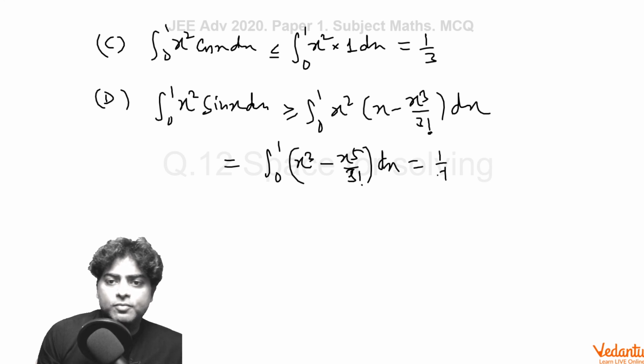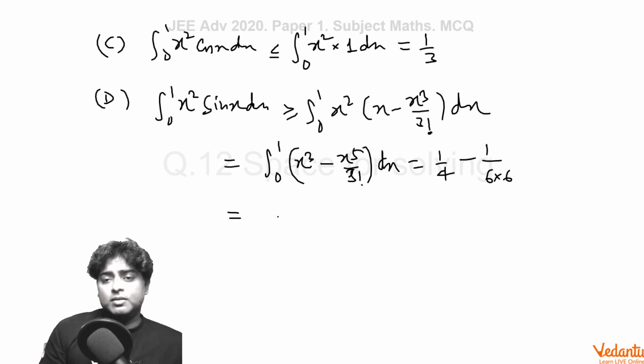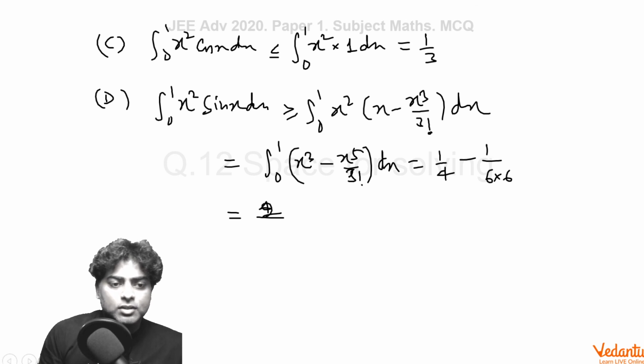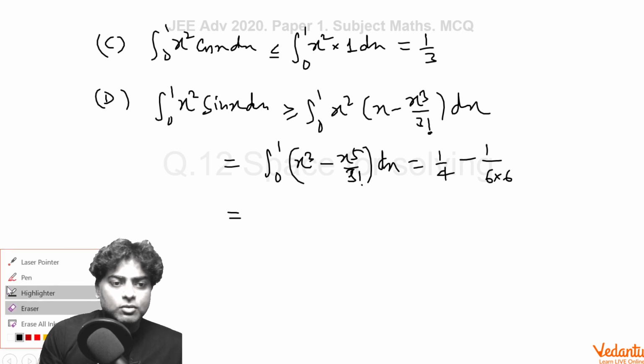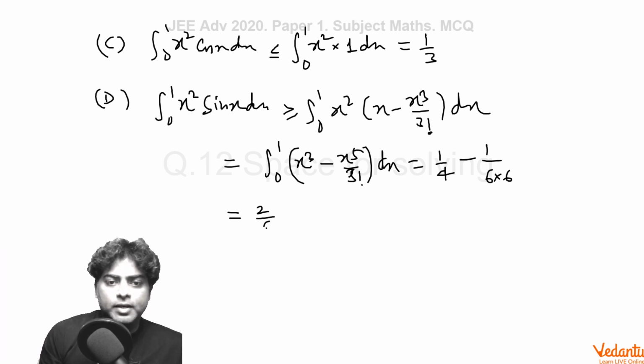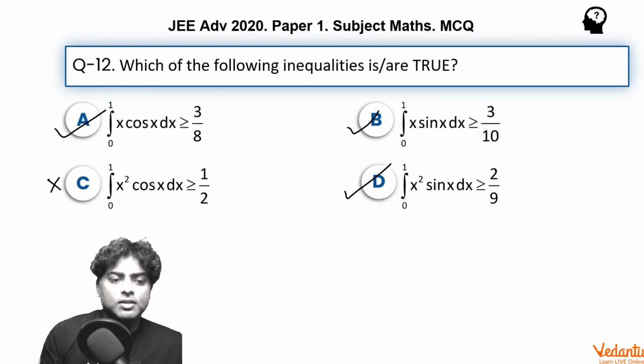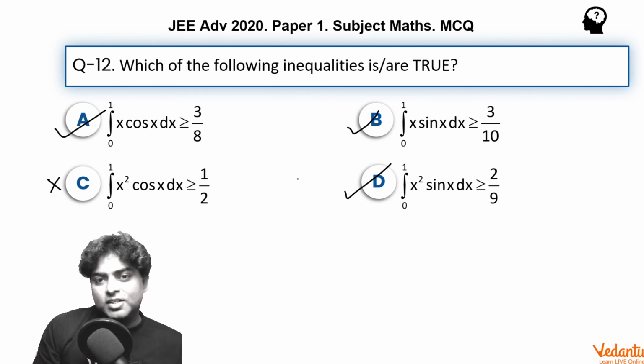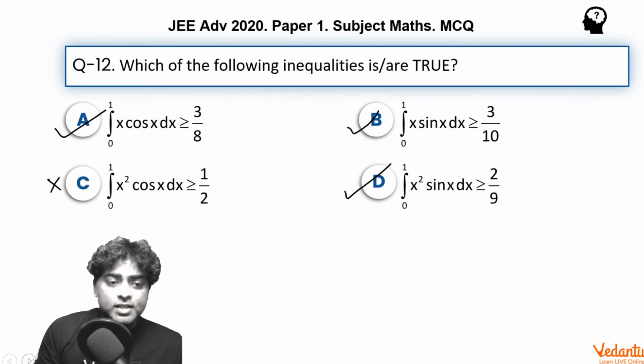So 1 by 4 minus 1 by 6 into 6, that is 9 by 36 minus 8 by 36, that is 2 by 9. The right hand side of option D, 2 by 9, was there, so this is correct. In this manner, the entire question is solved easily using the polynomial approximation or expansion of sin x and cos x.